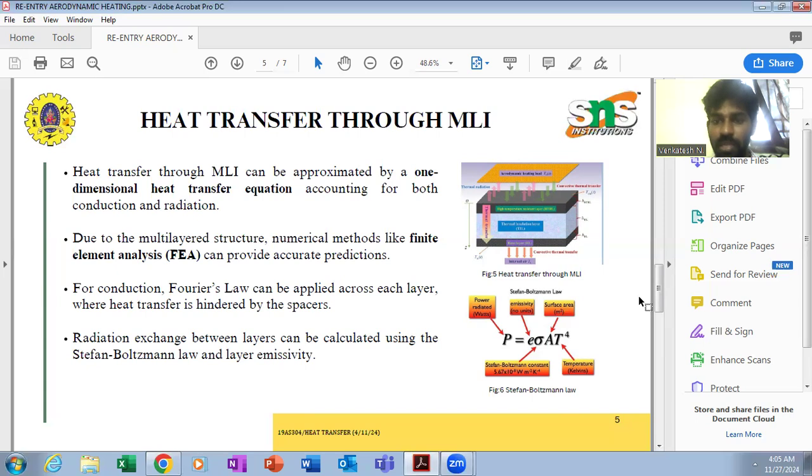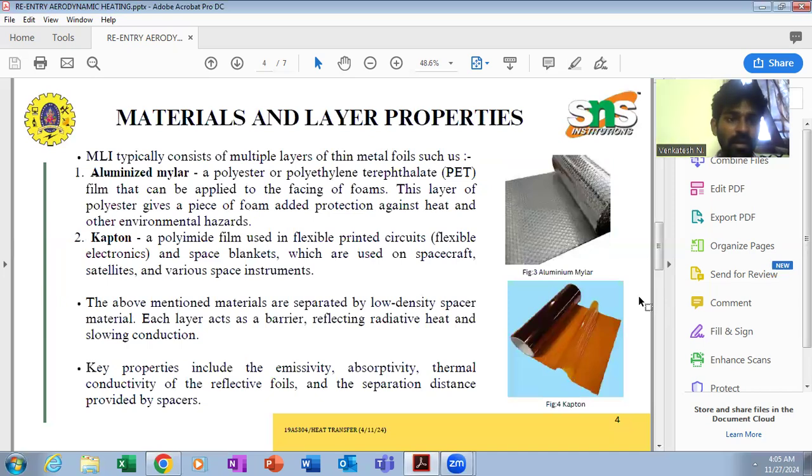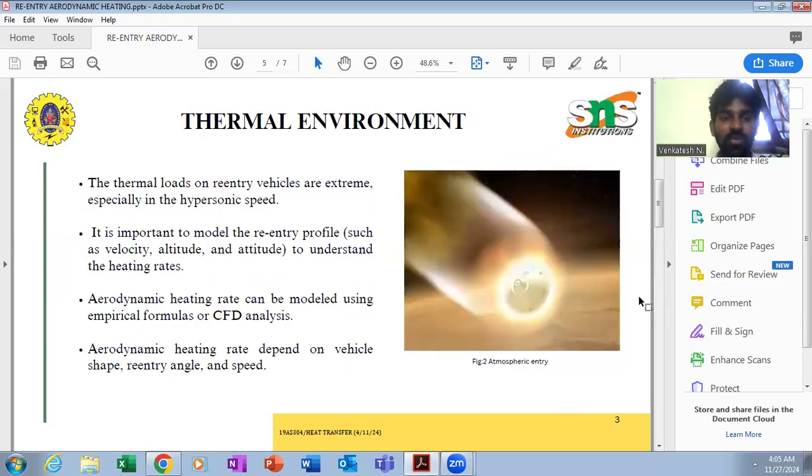So this is the aerodynamic heating area of this image, based on this method. This is the Kevlar layers and aluminum layer used in the figures also.